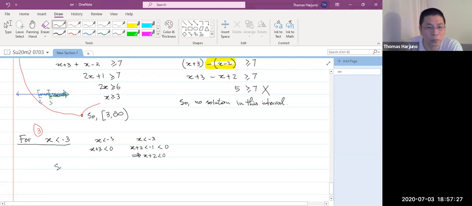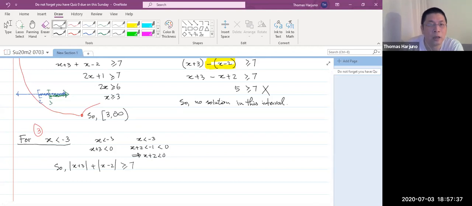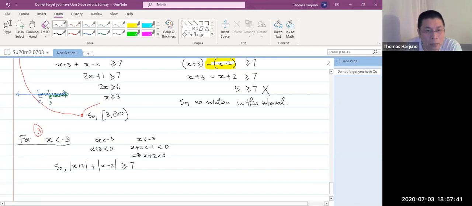So if I go back to that initial inequality, when I get this x plus 3 out from that absolute sign, I need to put another negative to make it positive, because x plus 3 in this interval is negative.